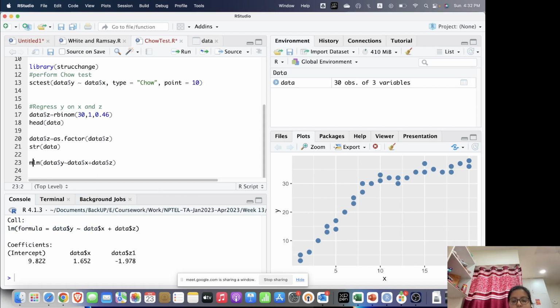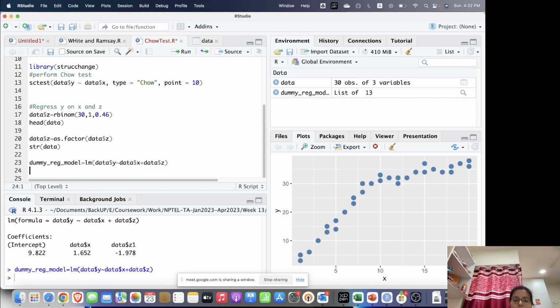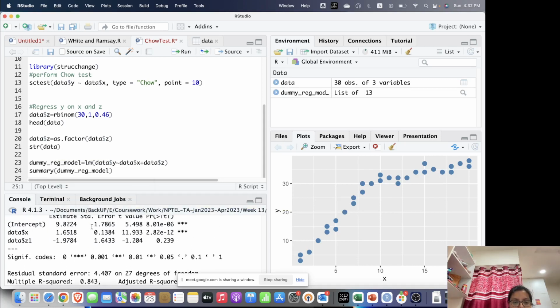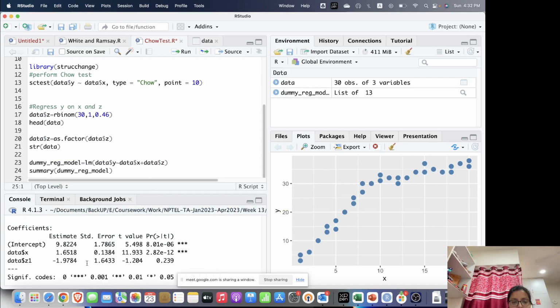I store it as the dummy reg model, then summary of it gives this. So I know it has incorporated z as a factor variable.